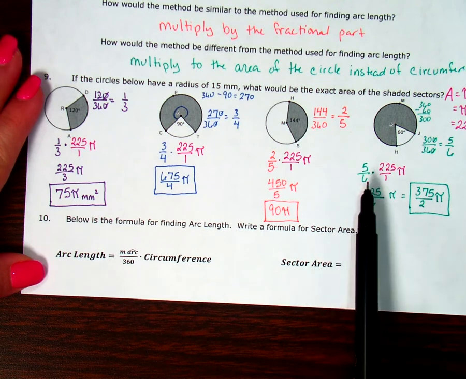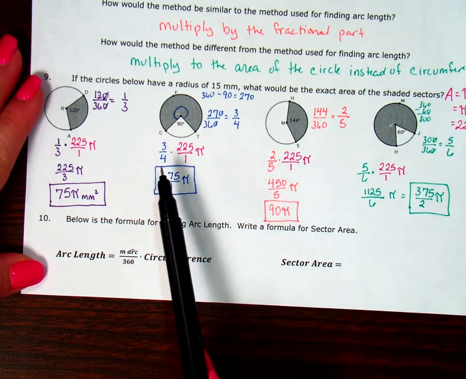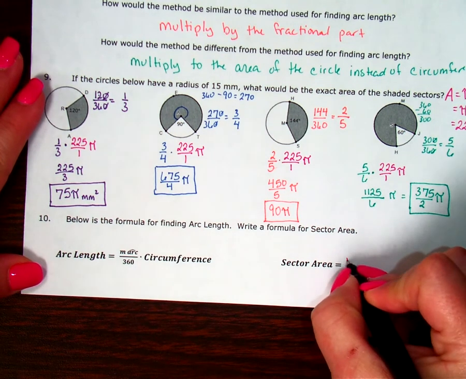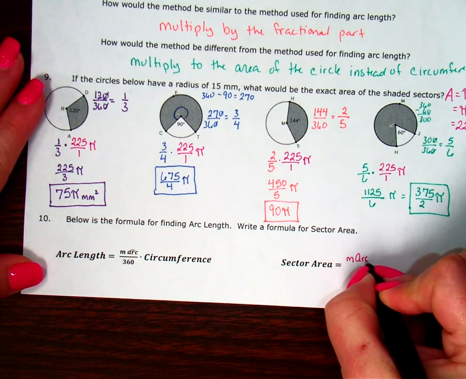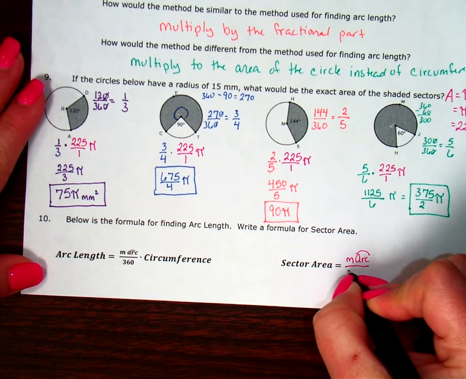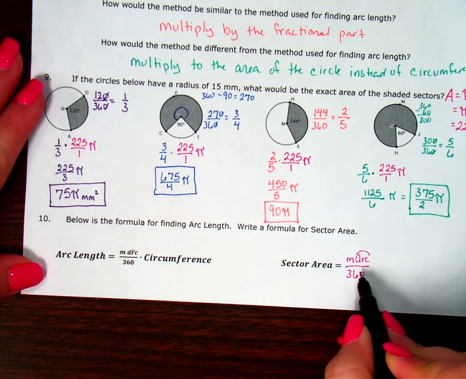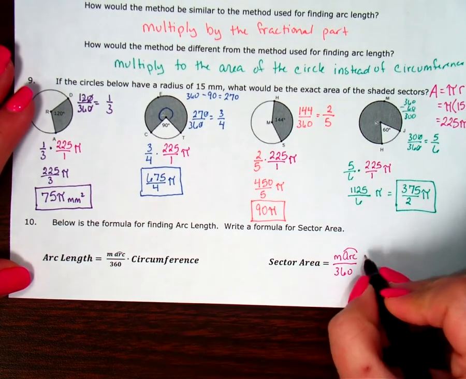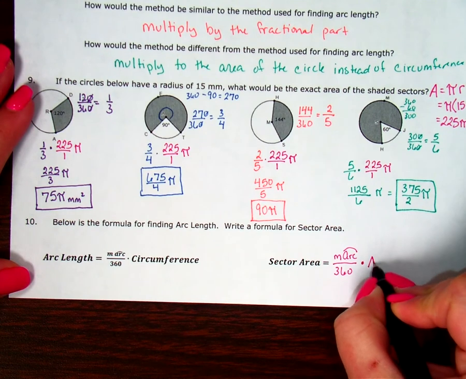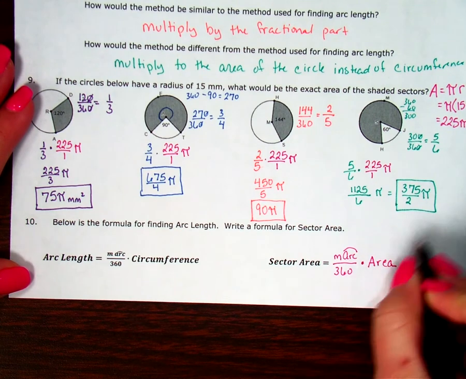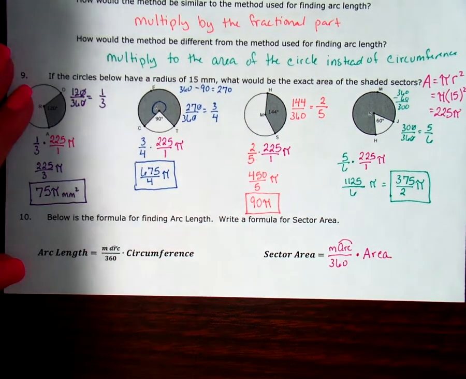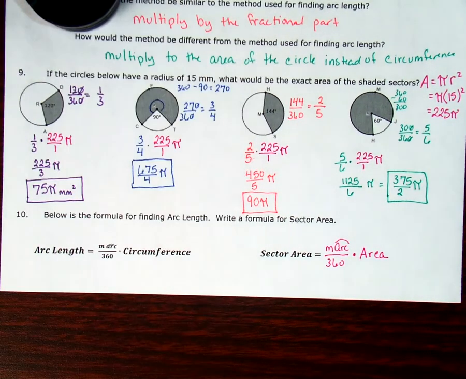I did that same thing that I did for arc length, right? I did the measure of the arc over 360. That gave me the fractional part that I needed. But instead of multiplying to the circumference, we're now going to multiply to the area. Over here, my 225, I'm multiplying to the area. So those are my two formulas that I need for finding arc length and sector area.